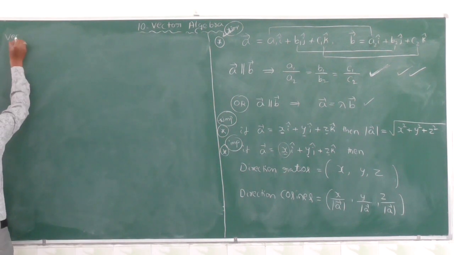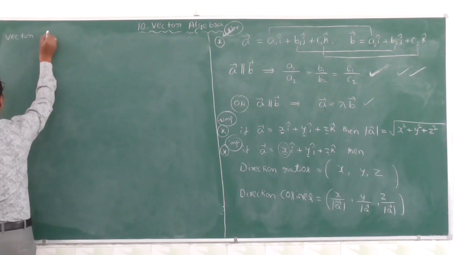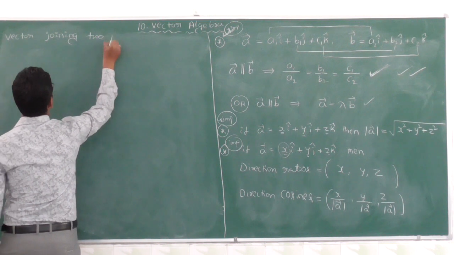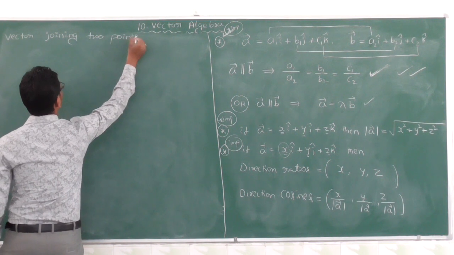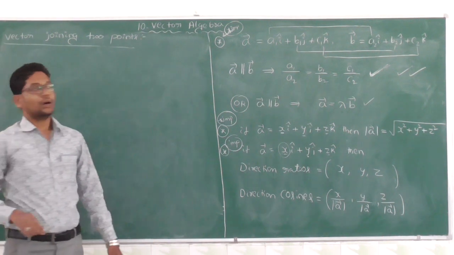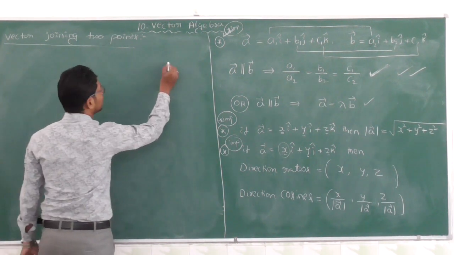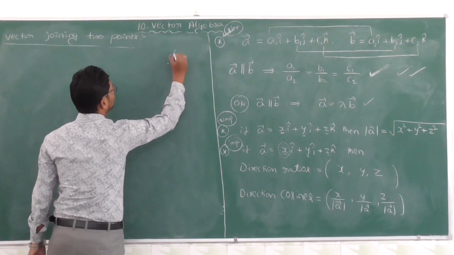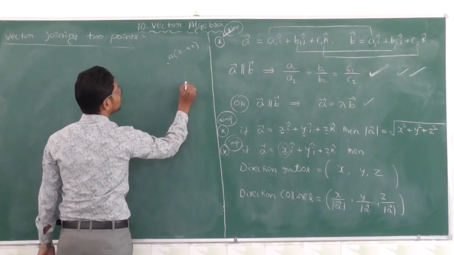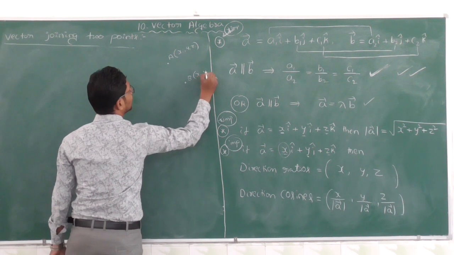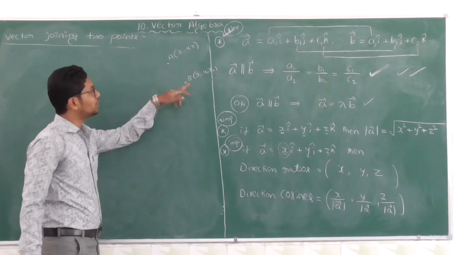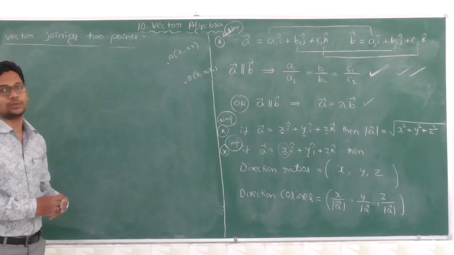Next, vector joining 2 points. Okay, let the point A be (x1, y1, z1) and the point B be (x2, y2, z2).